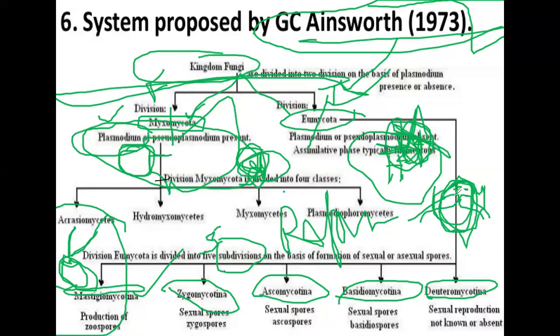If the two opposite sexes are present in the same thallus, that is bisexual. If male and female, antheridia and archegonia, are present in different thalli, we call it unisexual. That is nothing but heterothallic, which is nothing but dioecious.